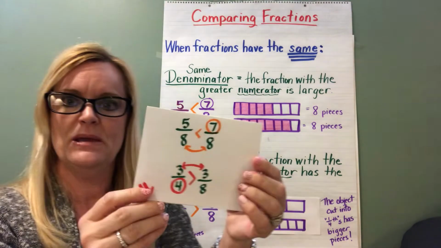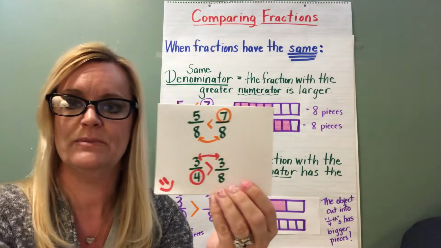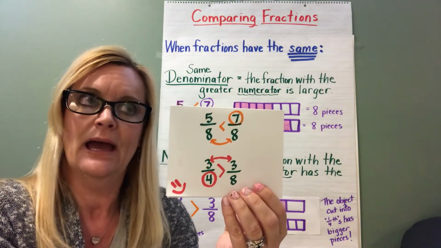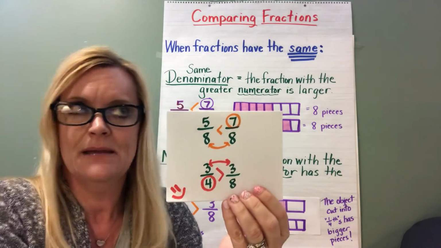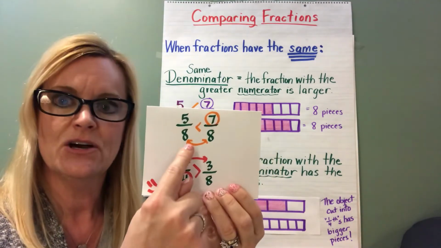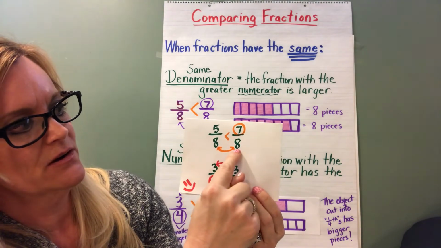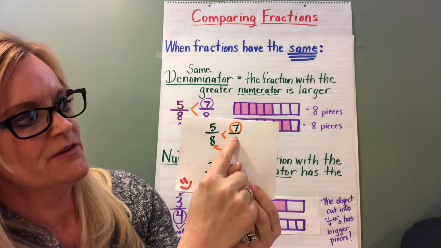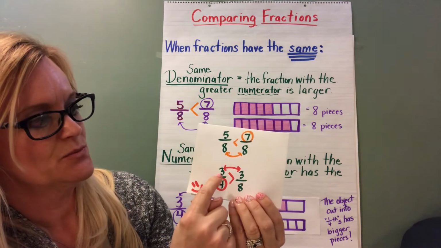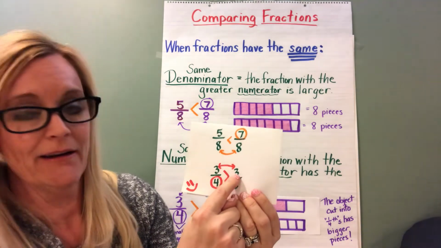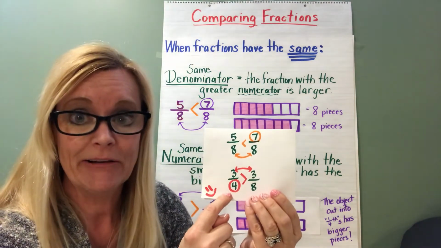So I had a little piece of paper, just a folded piece of copy paper, and I copied the 2 fractions down to remind me that if I have 2 fractions with the same denominator, I have to look for the bigger numerator. And when I have fractions with the same numerator, I have to look for the smaller denominator.